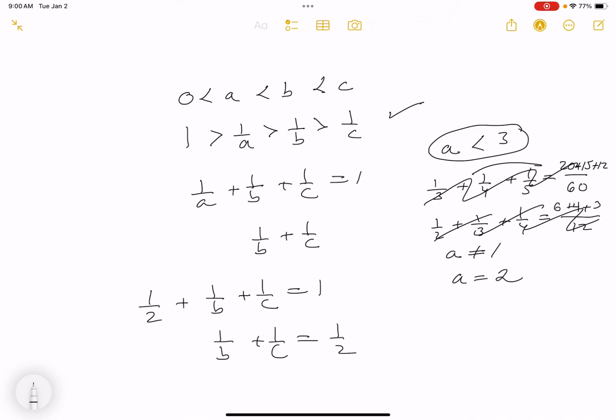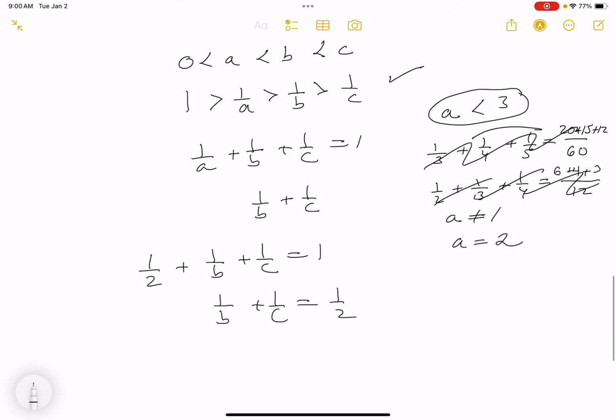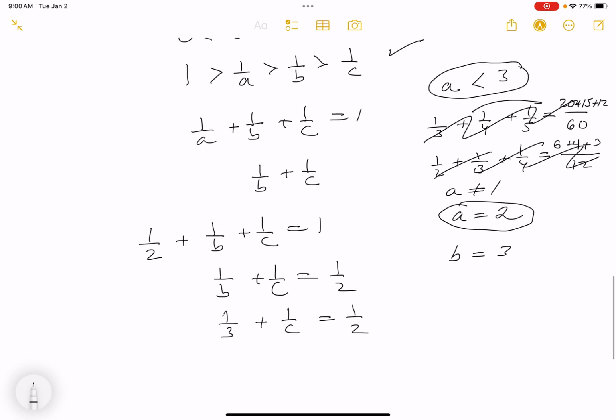Now I have to start thinking. I've got A to be 2 at this point, so I have to start thinking about B and C. I know that B is greater than A, so let's start with B equals 3 and see what you get. So you would get 1/3 plus 1 over C equals 1/2.